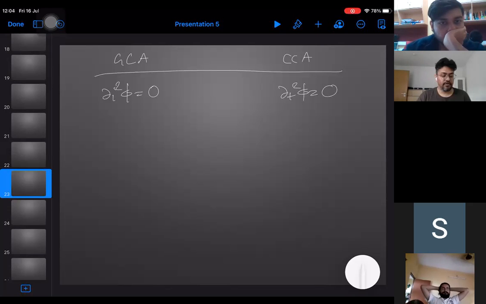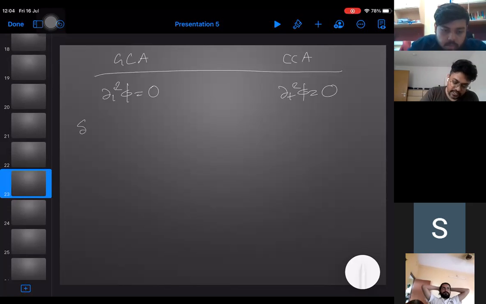To find the symmetries of the equation of motion, we first need to know the action of the generators on the field. Similar to what we did for the conformal case, where you find the representation on the field, here also we will do the same thing, and we can write the action on the field as this.